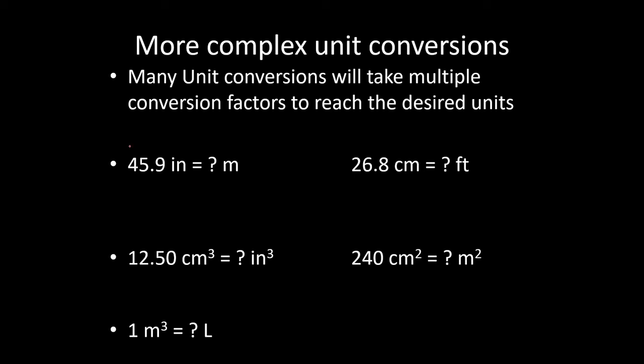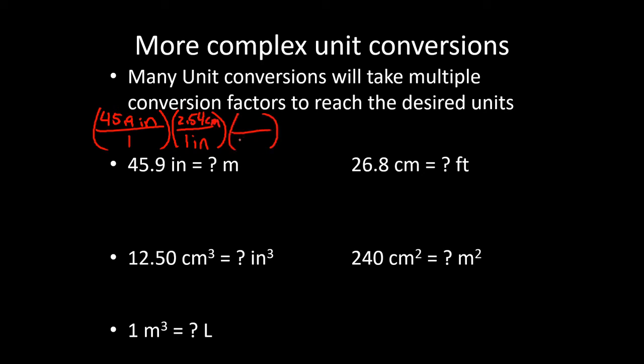All right. So the first one here is not too bad. We have 45.9 inches. And if you know the direct conversion factor from inches to meters, more power to you. I do not. But I do know that for every 1 inch, there is 2.54 centimeters.